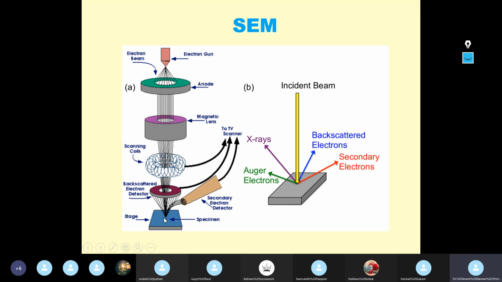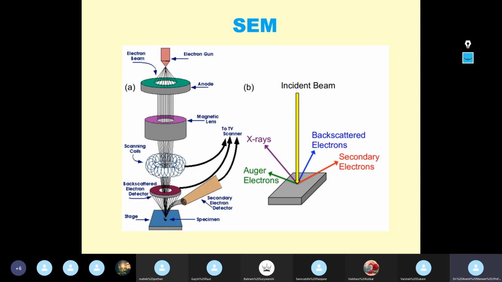And when the primary electron beam strikes the specimen sample, a variety of electrons are generated. There is one attachment in recently used scanning electron microscopes which has the ability to detect the backscattered electrons.